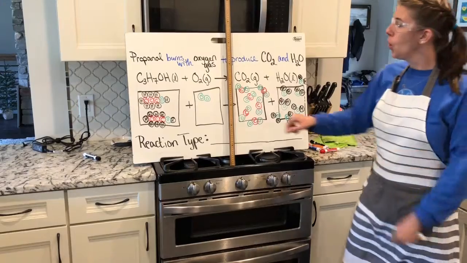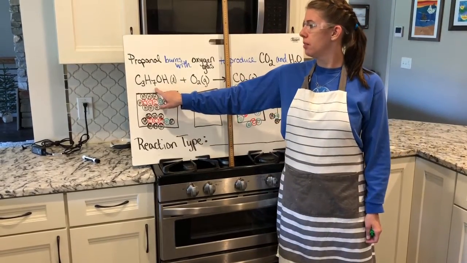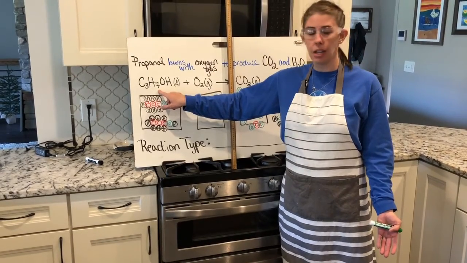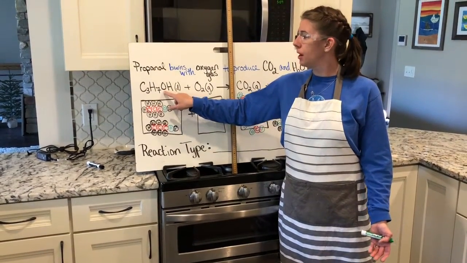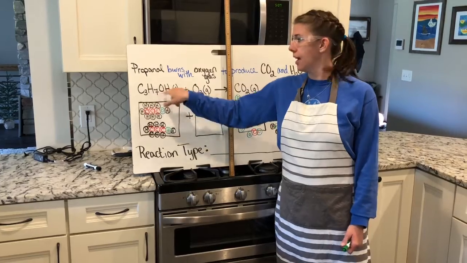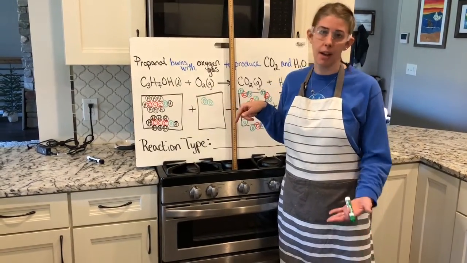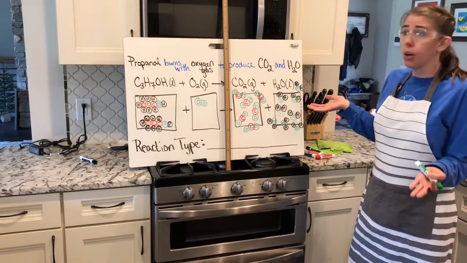If you were wondering why this H isn't written with this H, why the formula is not C3H8O, it's because this OH is what identifies this compound as being an alcohol. So that's why the OH is left on its own. All right, so let's count up our O's.